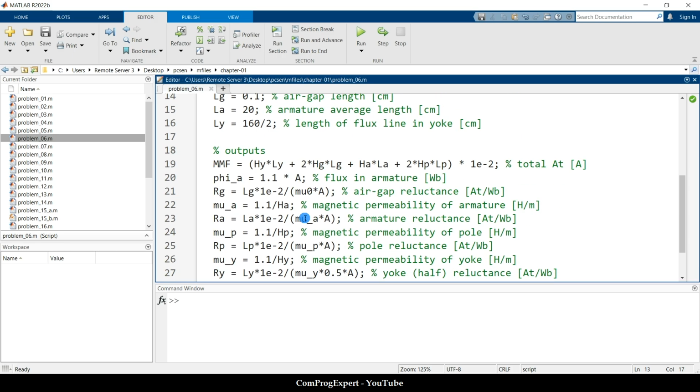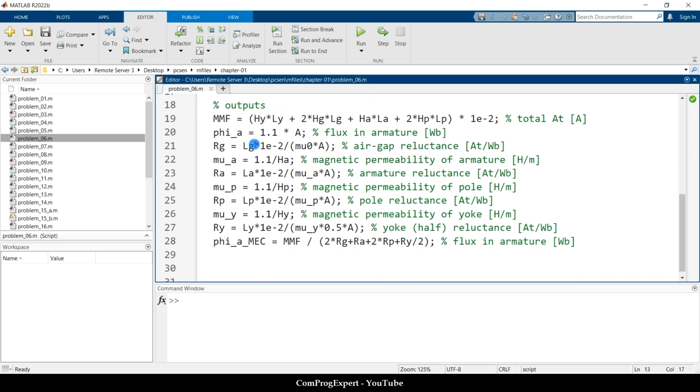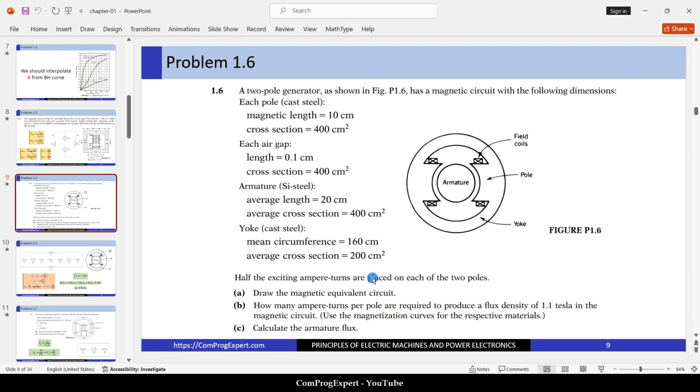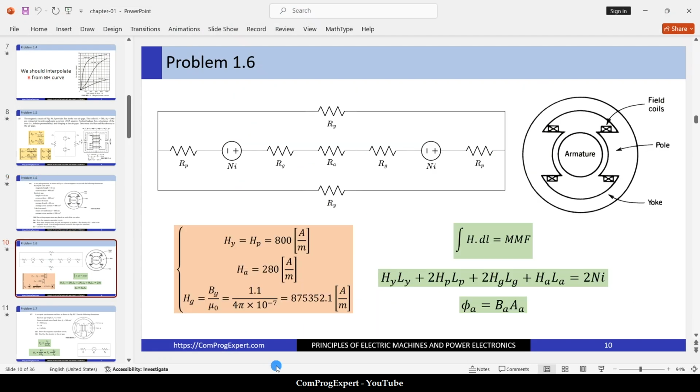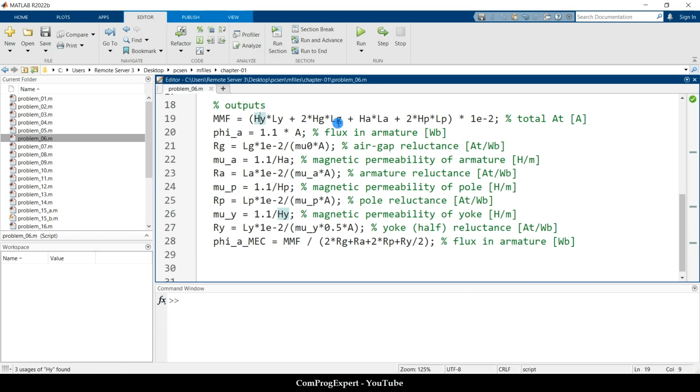So what are the outputs? The total magnetomotive force is equal to this one. These are the terms that we have here. Because the unit of the length in these terms is centimeter, I multiplied the total summation by 1e minus 2.